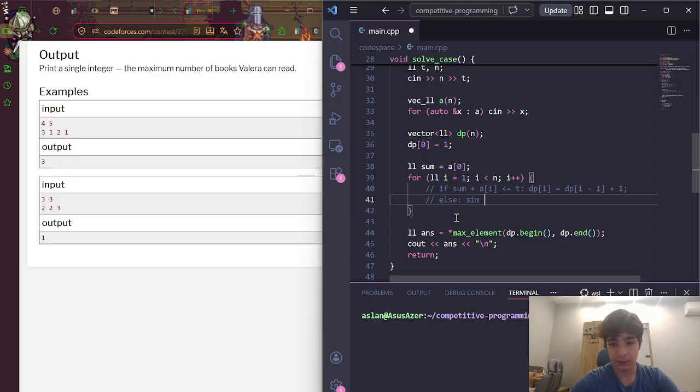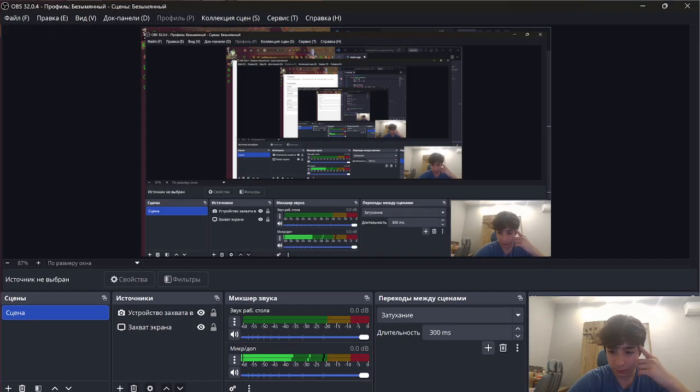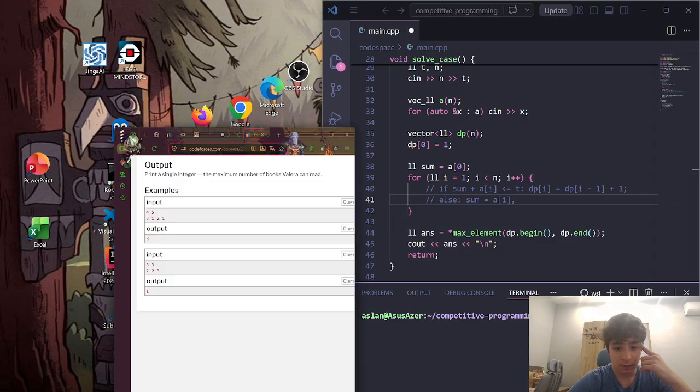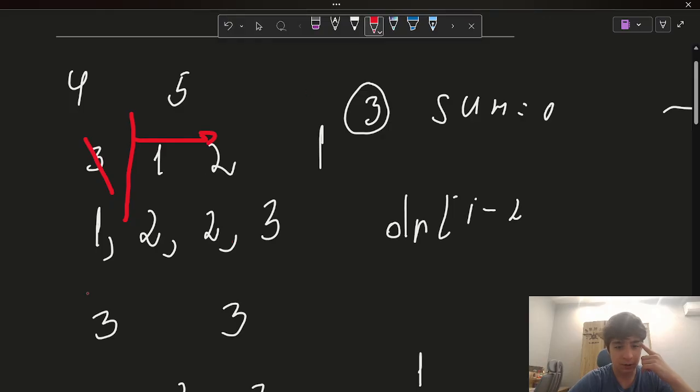Okay, at the else position make sum equal to AE. Sum make equal to AE and then wait a minute. Okay, and then just make the PE equal for this.